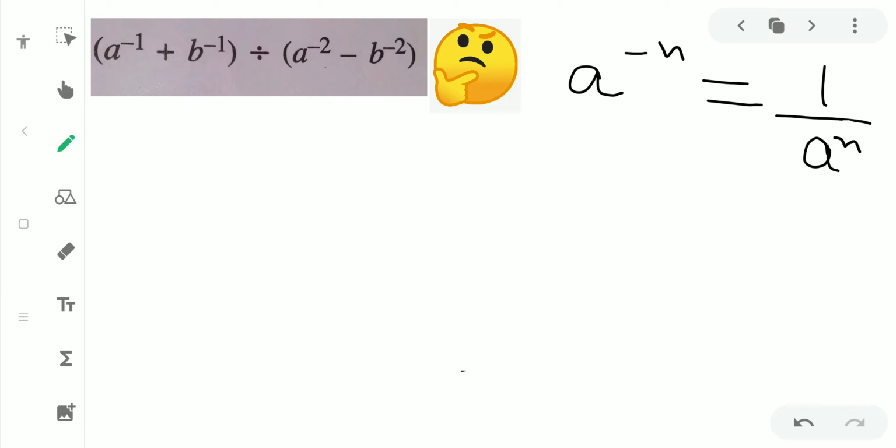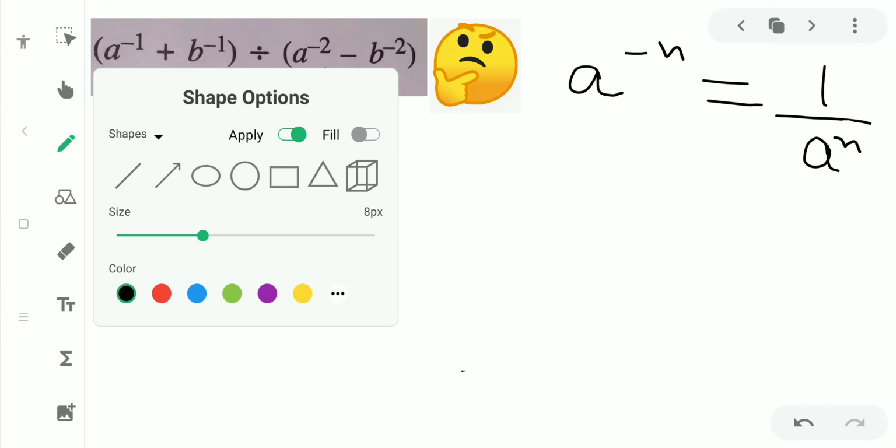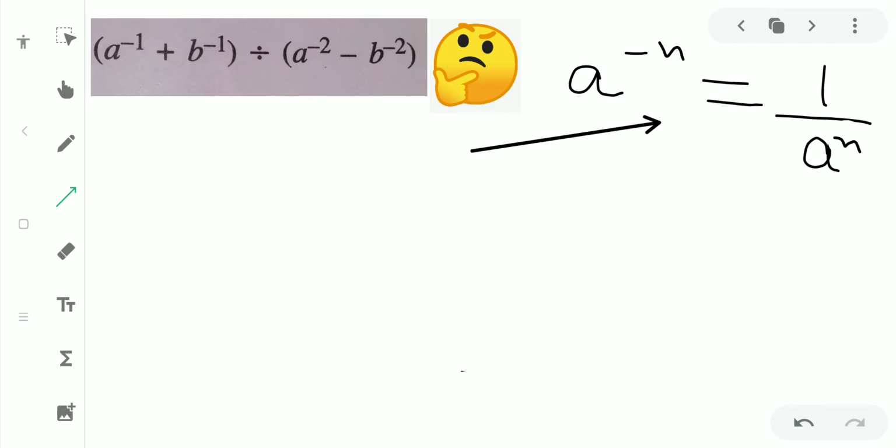A power minus 1, as in this law, I will write as 1 by a. It is actually 1 by a power 1, but we need not write power 1 because a is equal to a power 1.